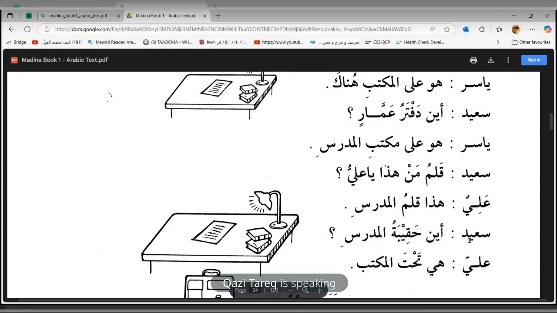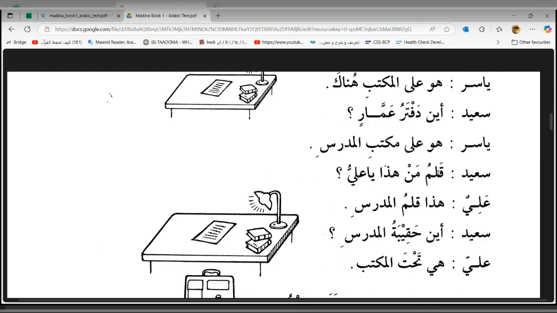So in the line of Said, they are stating the pen, then saying man. No, no. قلم من هذا يا علي. This part, قلم من, is idafa, because you're saying the pen belonging to whom is this? Is it clear?